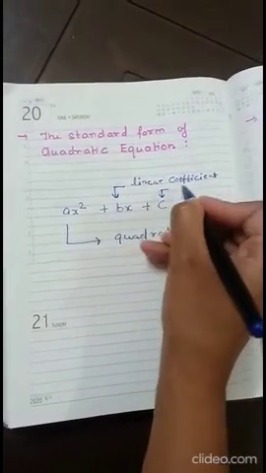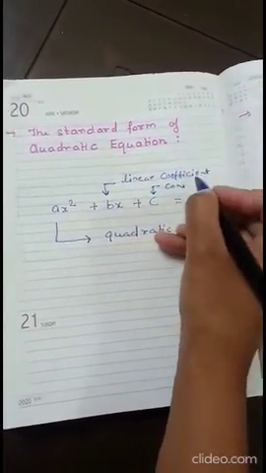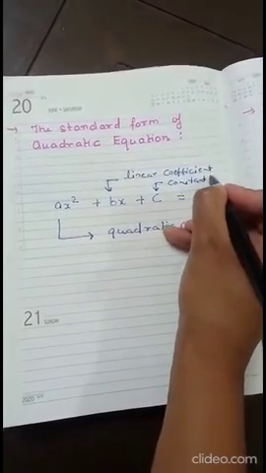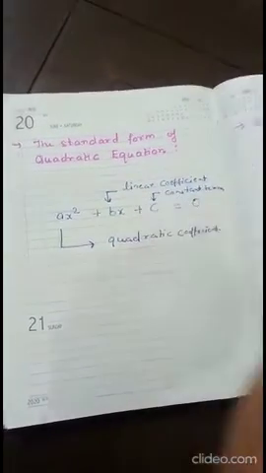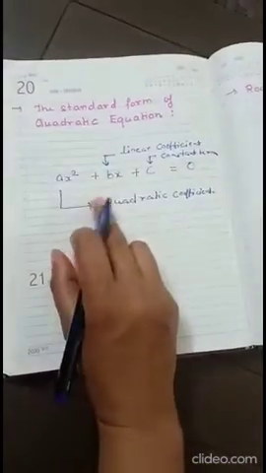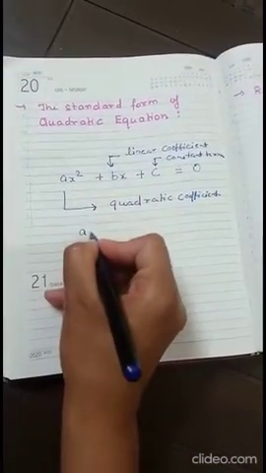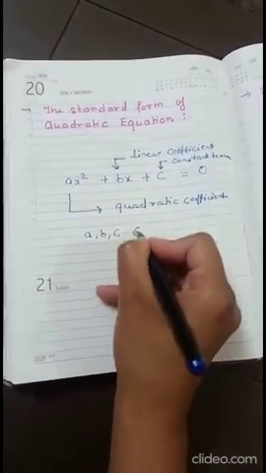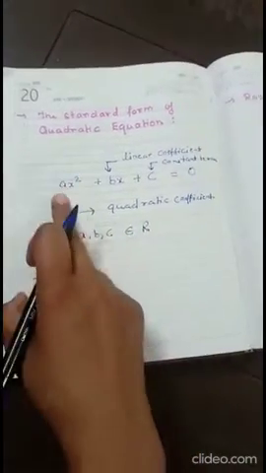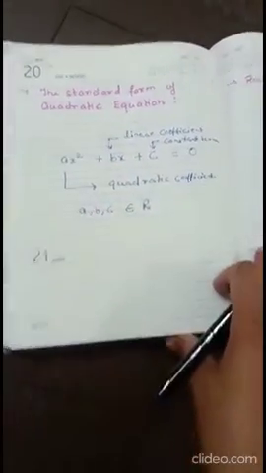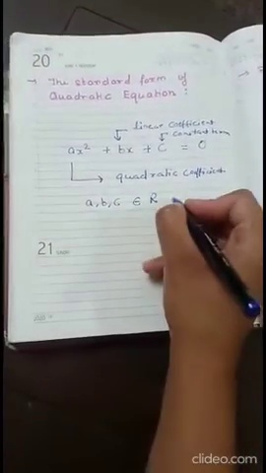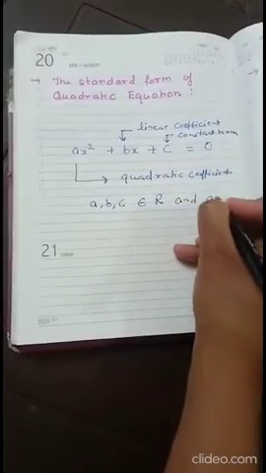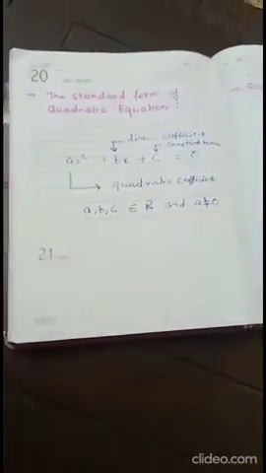And c is called constant term. Now in this quadratic equation, a, b, c belong to real numbers. It means a, b and c can be any real number and a must not be equal to 0.